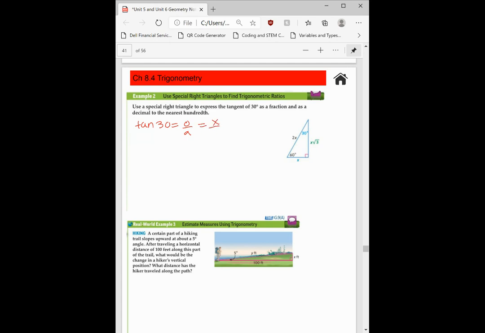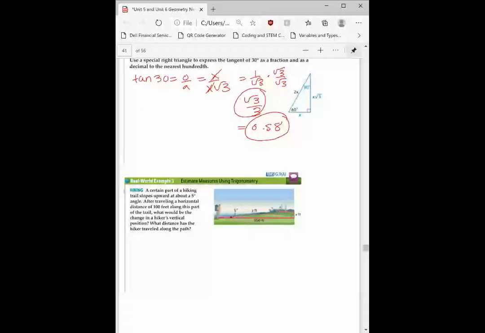So x over adjacent to 30 degrees is x square roots of 3. So these x's can cancel, so we're left with 1 over the square roots of 3, or if we rationalize that, we get square roots of 3 divided by 3, which is approximately 0.58. So these are our answers.